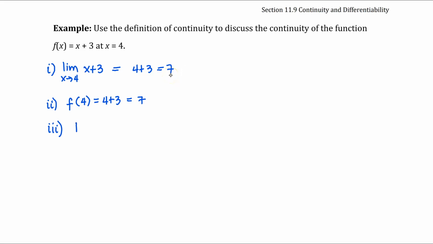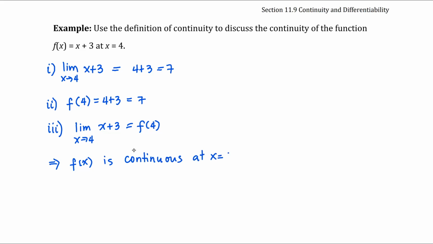Now, we have seen that the limit of the function here, x plus 3, as x approaches 4, is equal to f of 4. So all three conditions are satisfied. Then, therefore, we say that the function is continuous at x equals 4.